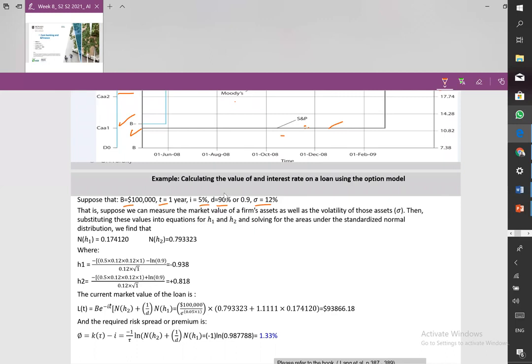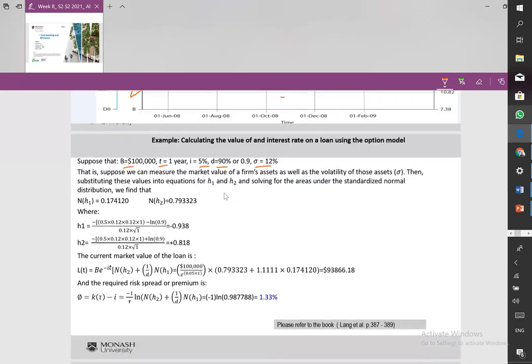All you have to calculate is the premium, which here is 1.33%, and you can use the formula here to get H1 and H2, and then get the values under N(H1) and N(H2). But as I told you, in the exam I will give you the values ready, and you just apply the formula and get the Q.